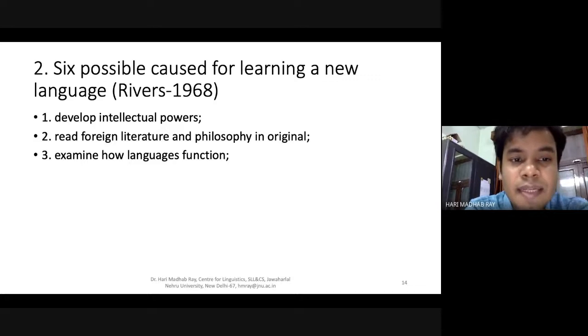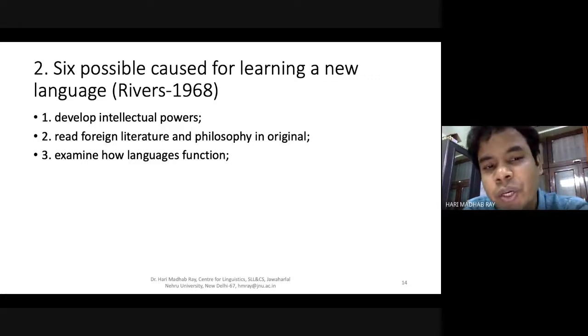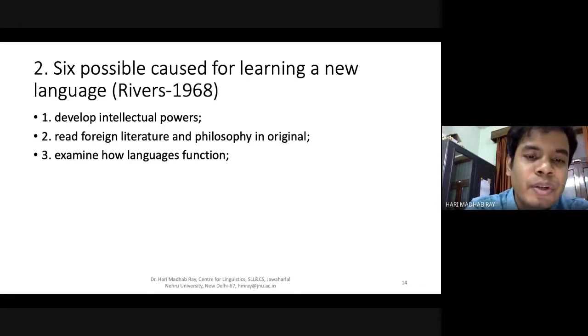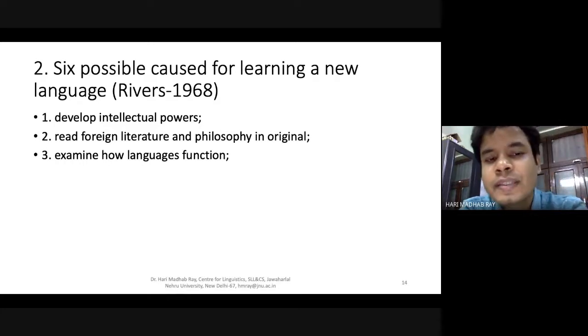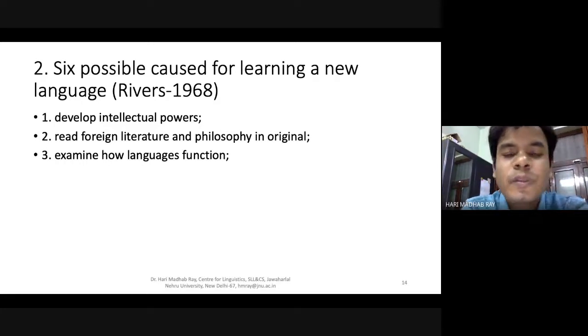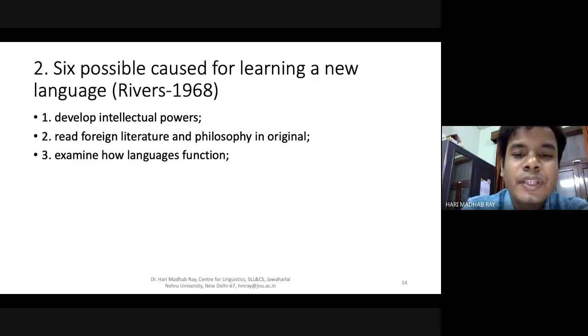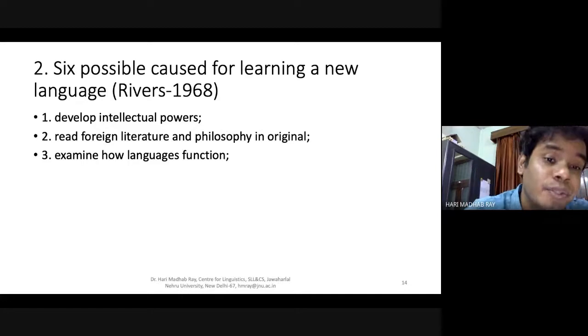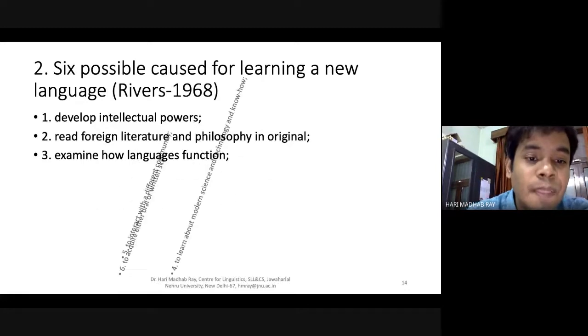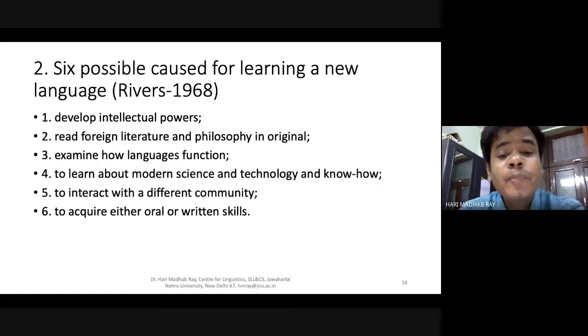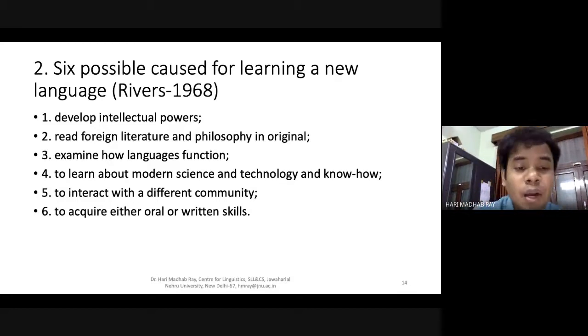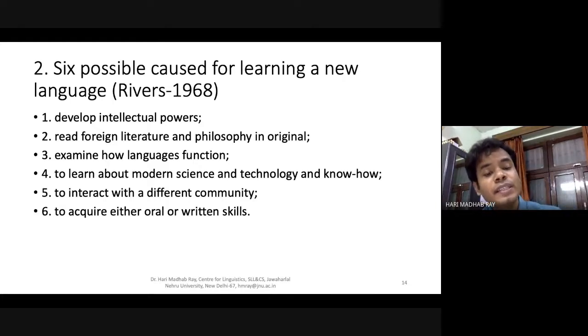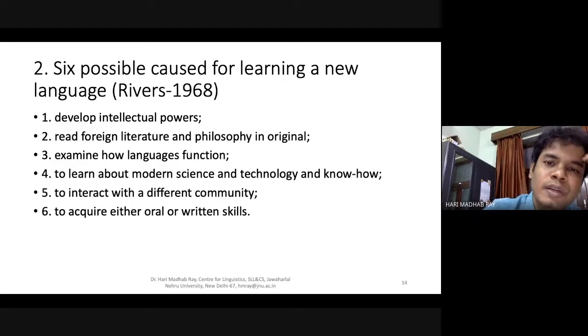We had seen that many people wanted to enjoy Tolstoy, Pushkin, or let's say Shakespeare, or French literature. Others want to examine how languages function, the kind of linguistics we talk about, and to learn about modern science and technology, and know how to interact with a different community, and to acquire either oral or written skills. So these are the 6 possible reasons.